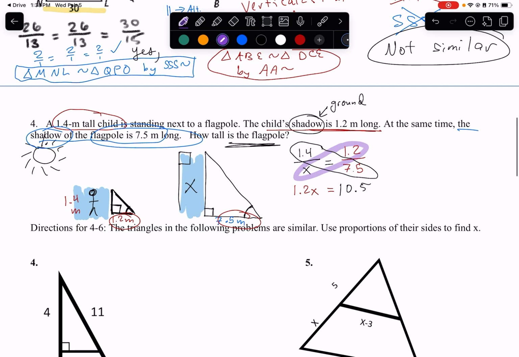And then I'm going to divide both sides by 1.2. And I get that the flagpole is 8.75 meters tall.